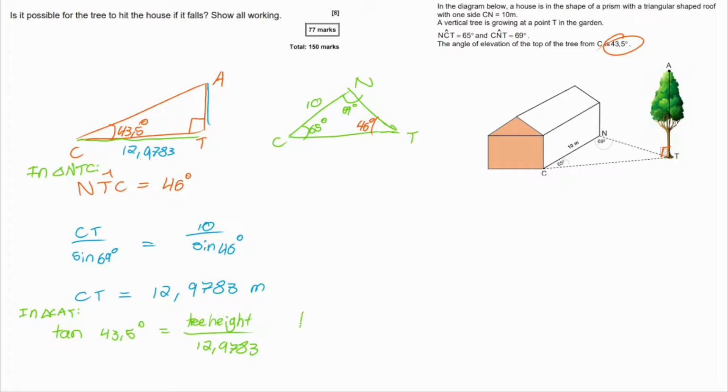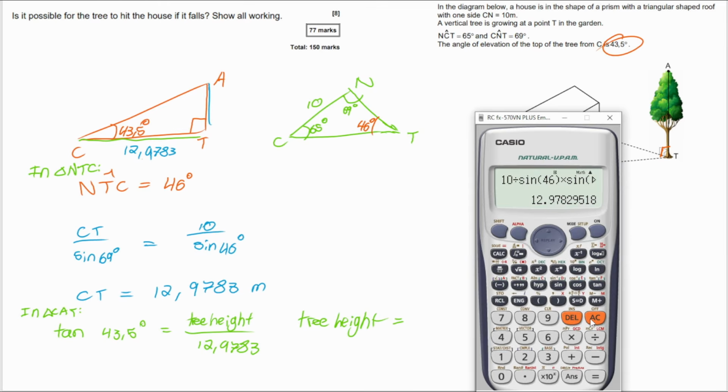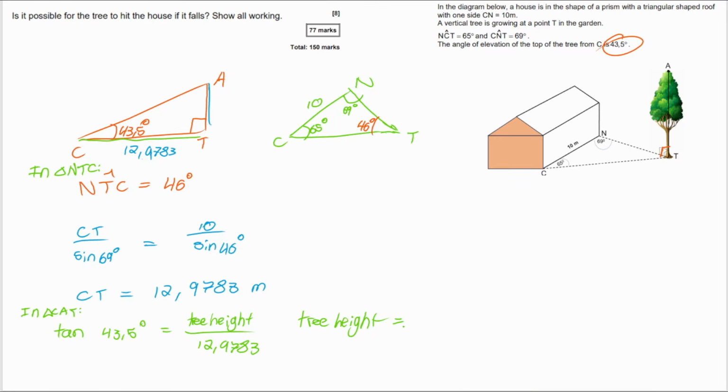So the tree height is equal to, in our calculator, we take this and multiply it by tan 43.5, and we get 12.3159 meters. Now we need to solve for this perpendicular distance over here.